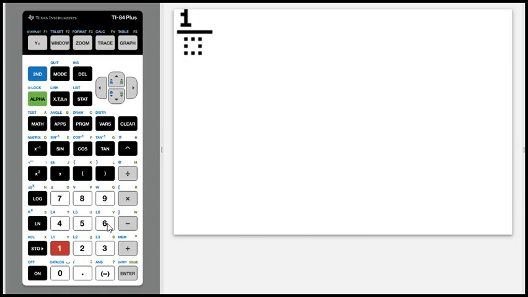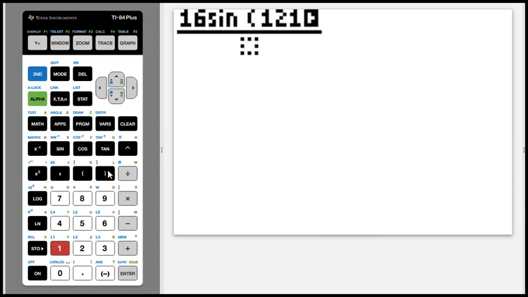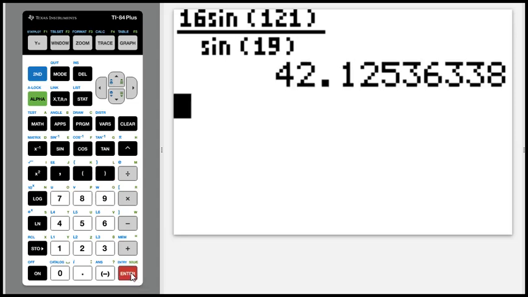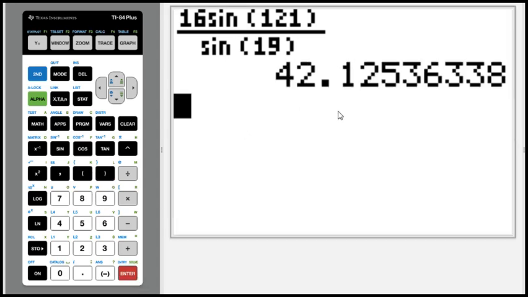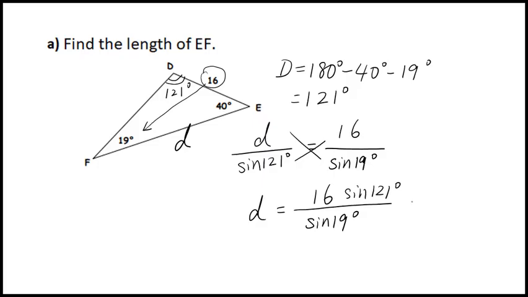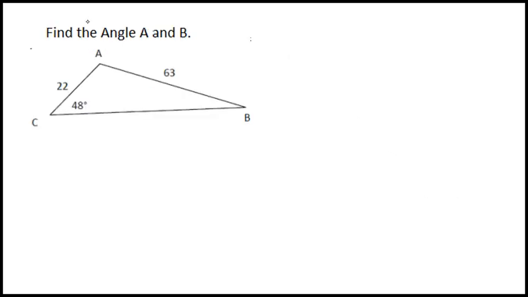We will do 16 times sin 121 degrees over sin 19 degrees. Then enter. To three significant figures, it will be 42.1. So d equals 42.1. Let's go to the next example.